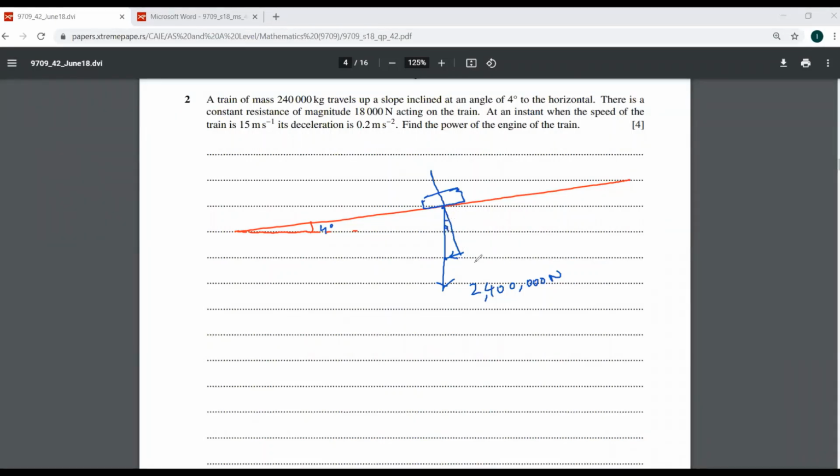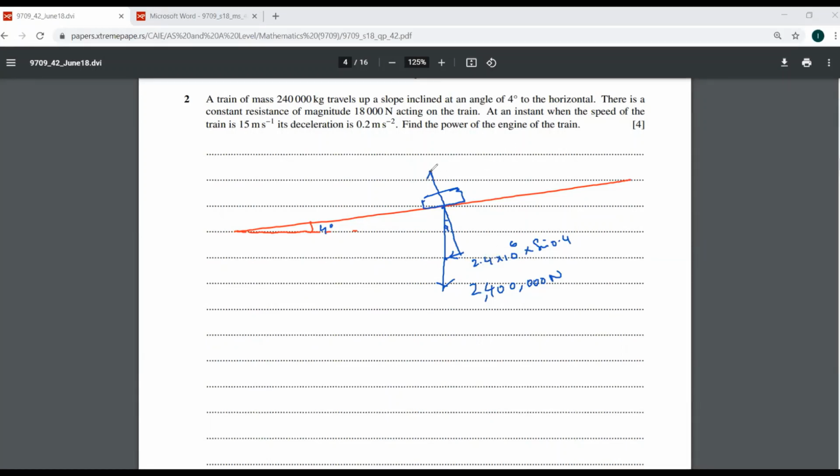So this component is going to be 2.4 into 10 raised to power 6, times sine 0.4. That is the component of the weight parallel to this inclined surface. Rather than writing all these zeros, I have chosen the standard form here.